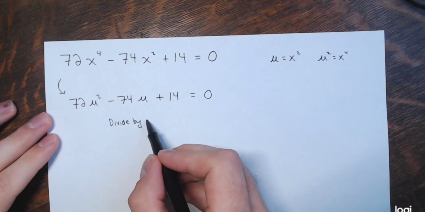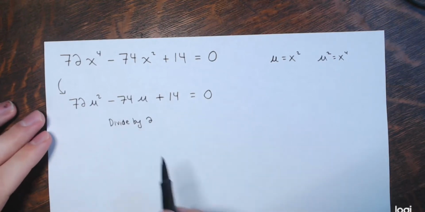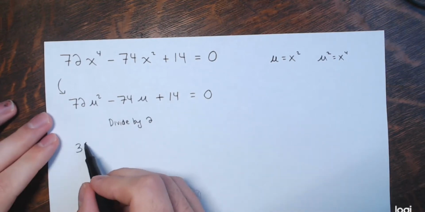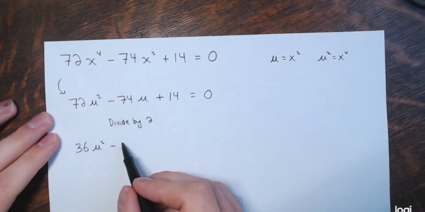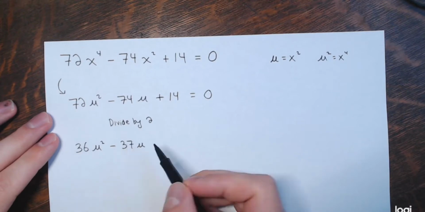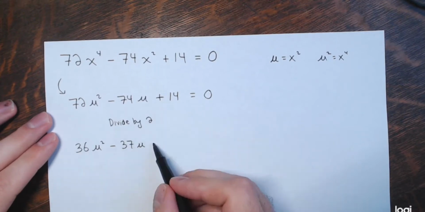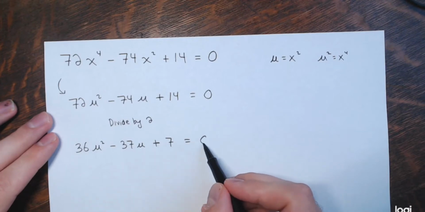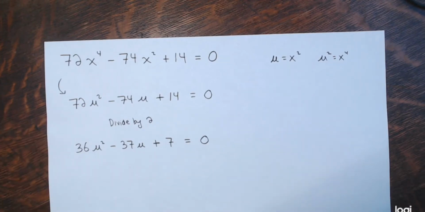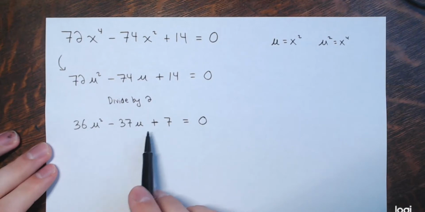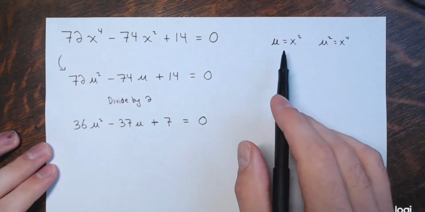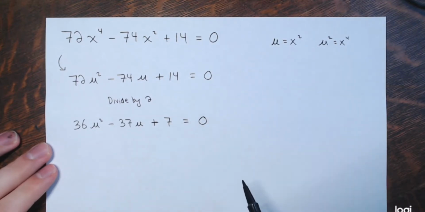That'll be 36u squared minus 37u plus 7 equals 0. Then I'm going to solve this quadratic equation for u and then substitute back and solve for x.